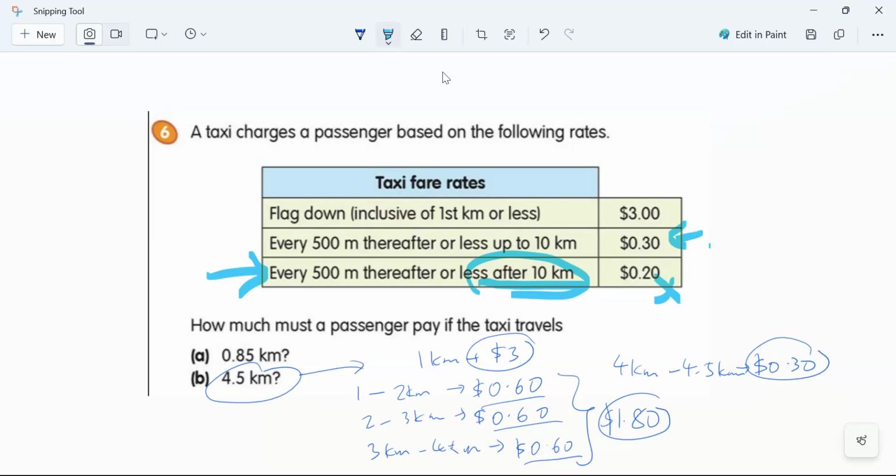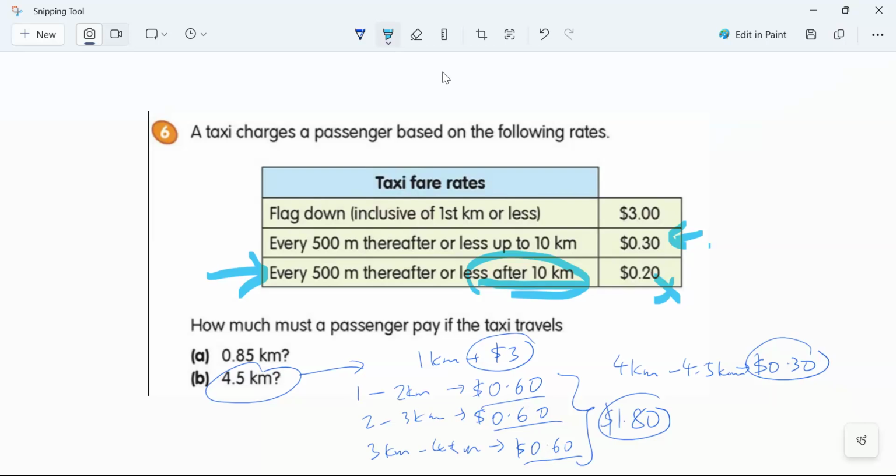Thereafter means after the first, so the first kilometer is the first part. After the first kilometer, you start counting. So thereafter means after the current event that's happening, what's coming up next.